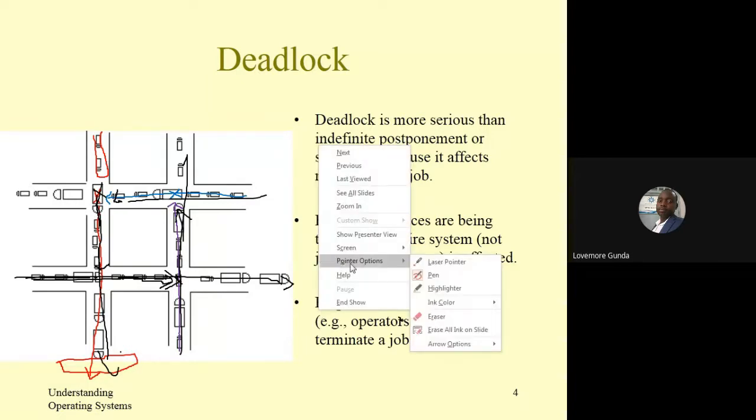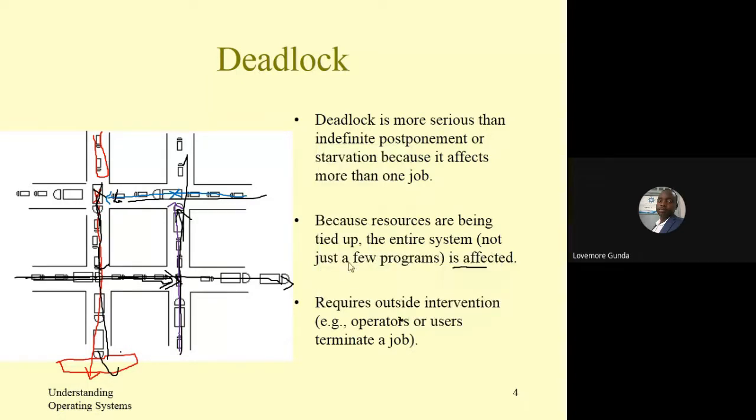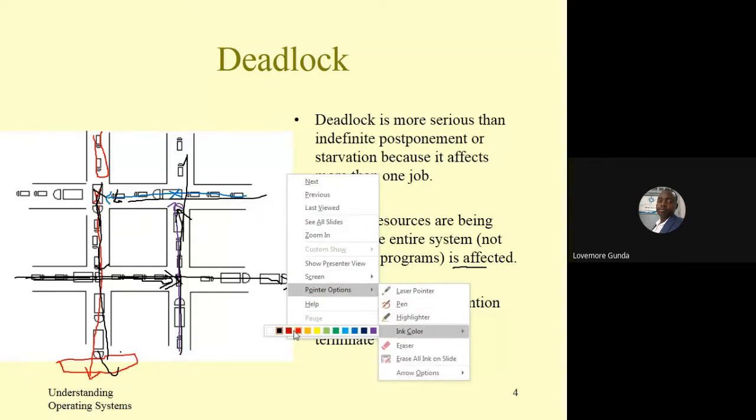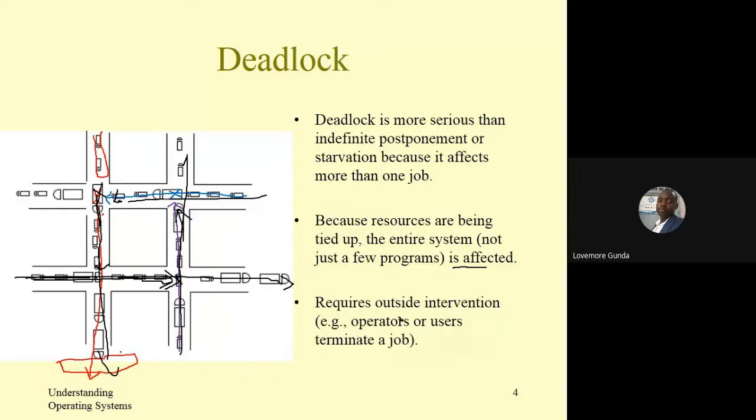So, going back to our traffic situation, what does it mean? It might mean that you need someone to start controlling, right? Maybe if this is blocked, someone comes and stops these ones, so that this can pass, okay?